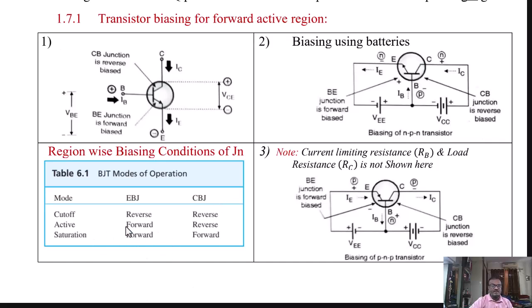In the saturation region, the emitter to base junction is in forward bias, whereas the collector to base junction is also operated in forward bias, and therefore the current flowing through the device is maximum. This biasing is done in the saturation region, again by adjusting the values of the supply voltages VEE and VCC such that the operating point lies in the saturation region.